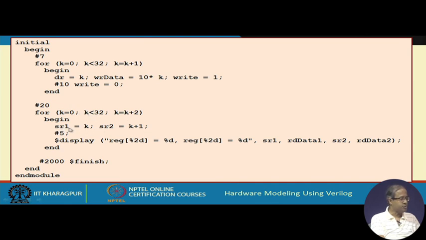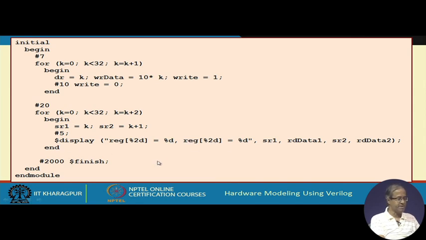And source register 1 we are initializing k and SR2 k plus 1, and we are displaying the values of SR1, read data 1, SR2, read data 2, whatever data is stored there, and we are printing it like this, reg within bracket register number equal to data like that, and we finish here.